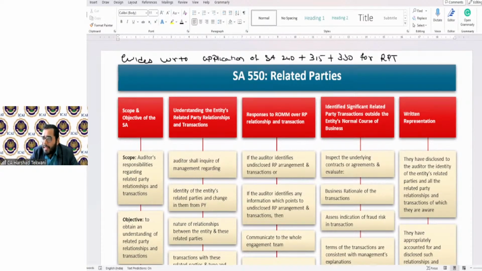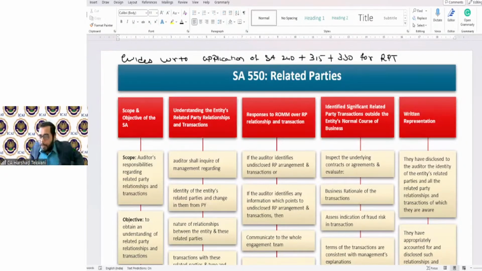That doesn't mean there is a need for higher risk. So we need to understand which kind of related party transactions constitute higher risk or even fraud risk.